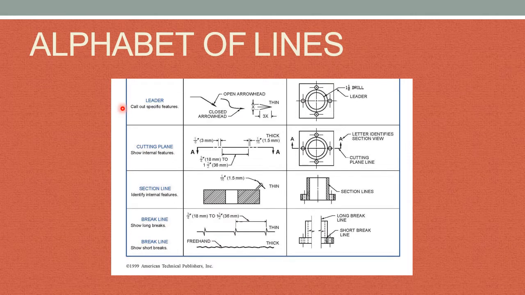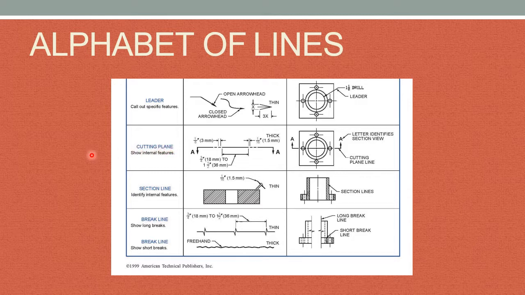The leader line calls out specific features. I'm trying to point to something, and I use what's called the leader line. Now, cutting plane and section line can be a little confusing because I have seen in industry this referred to as section line.